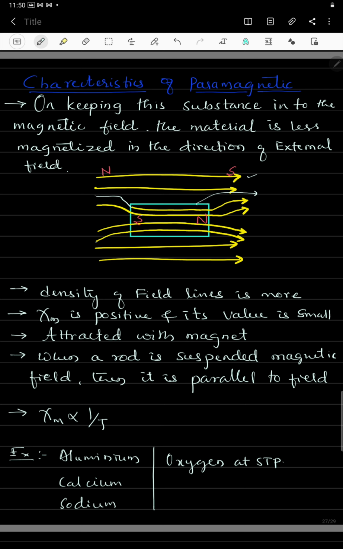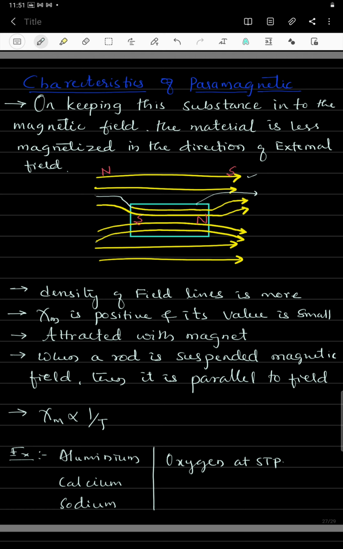Due to that, these materials absorb all the magnetic field lines nearby that material. So the material absorbs them and it is going to be magnetized. That is the property of this type of material, and this type of material is called a paramagnetic material.